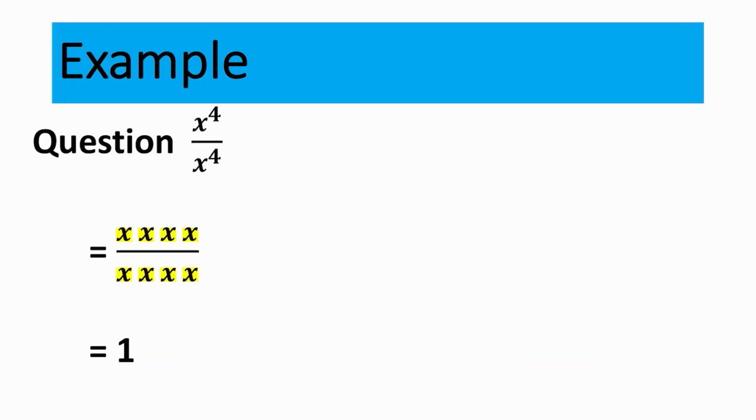The question that we're given is x risen to the 4th power divided by x risen to the 4th power. Now, we know that x risen to the 4th power just means that we're multiplying x by itself 4 times. That is what we have written here in the expanded form. Same thing for the denominator, x risen to the 4th power is x being multiplied by itself 4 times. Good. Now we're going to divide.